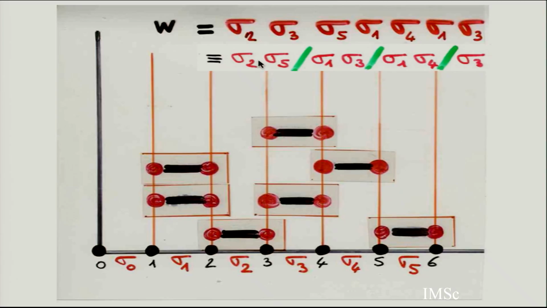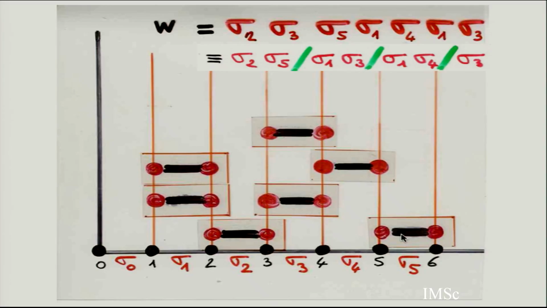Now if you take the Cartier-Foata normal form, so the first block, all the letters which you can put in first position. A letter here will be in first position if and only if the corresponding piece of the heap is at the 0 level. Sigma 2, sigma 5, you see you have sigma 2, sigma 5 at level 0.